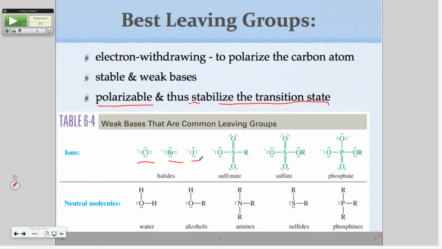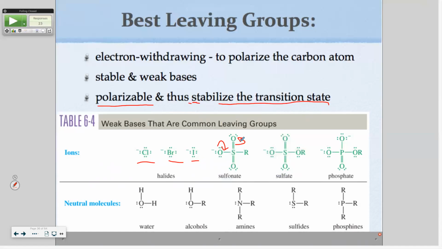Okay, here's a good leaving group: these sulfonates and sulfates and phosphates. This happens, especially the phosphates, in your body. Why are those such good leaving groups? Do you have any idea? And what can you do with those double bonds? Resonance. So do you see that every one of these is going to have resonance for it?